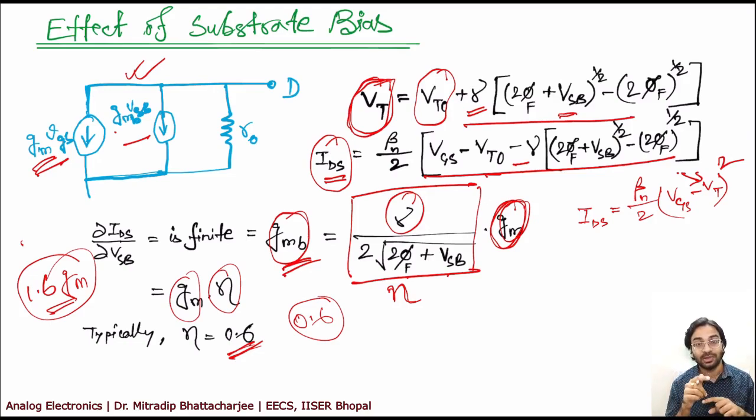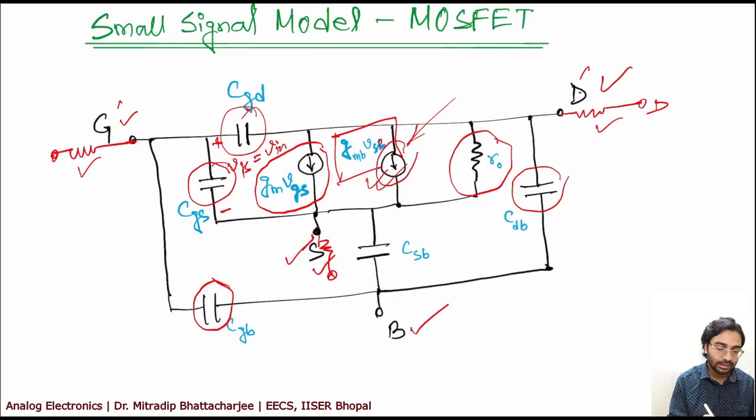So your GM value increased, which means you can control your gain using that substrate bias. So this is a very important concept that we should know. That is why we put this term in the circuit.